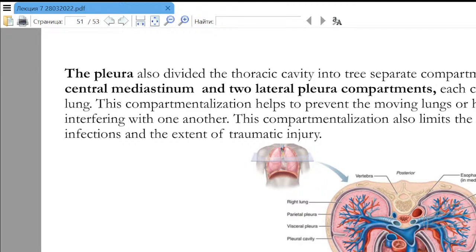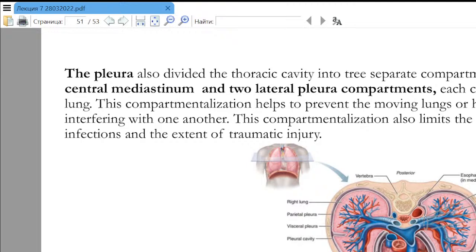This is the left lung, this is the right lung. This is the heart. This compartmentalization helps to prevent the moving lungs or heart from interfering with one another.